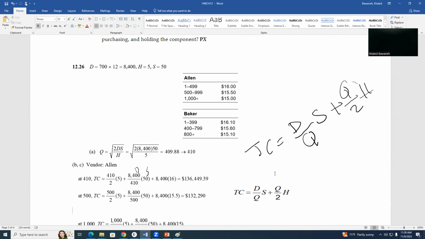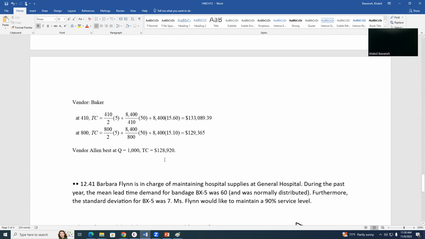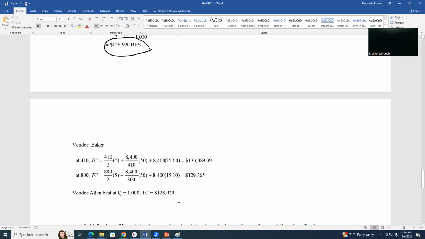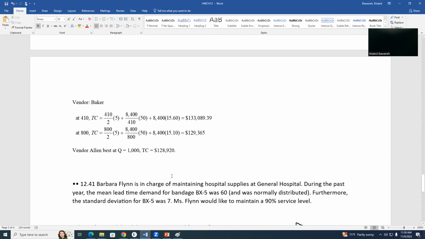As you see, if you order 500, how much will your total cost be? 132. It's this. And then if you order 1,000, how much will your total cost be? Let's see. So what makes it the best one is the lowest one? Yeah, the lowest one. So you got 128,920, 128,920. Yeah, it's the lowest. You just say, oh, this is the lowest one. Okay.